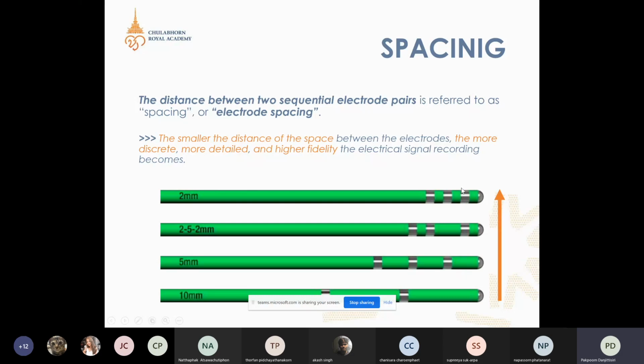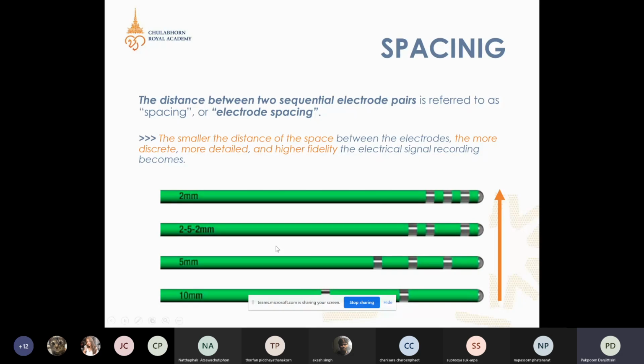Okay, just like that, the smaller electrospacing here will help you see more discrete and more detailed signal that we receive from the catheter.